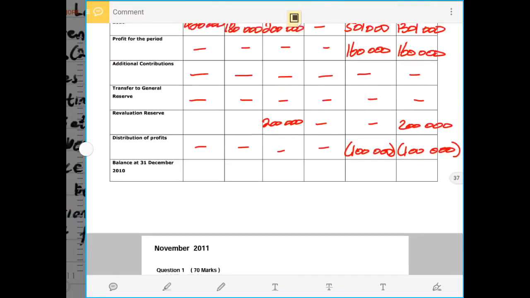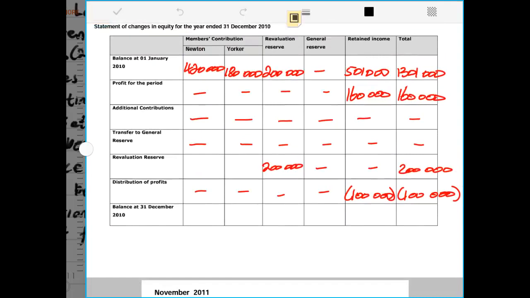So now we can write the total for the statement, which is 420,000 rands and 180,000 rands. That will be 400,000 rands. Nothing was generally reserved.